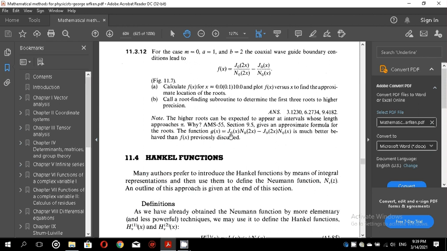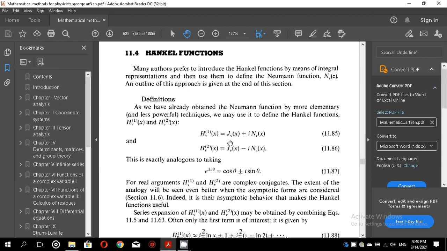Okay, the next step is the Hankel functions, and we also call them the Bessel's function of third kind. The Hankel functions are defined by equations 11.85 and 11.86 as a combination of the Bessel's function of first kind and the Bessel's function of second kind, making the Bessel's function of first kind the real part and the Bessel's function of second kind the imaginary part.